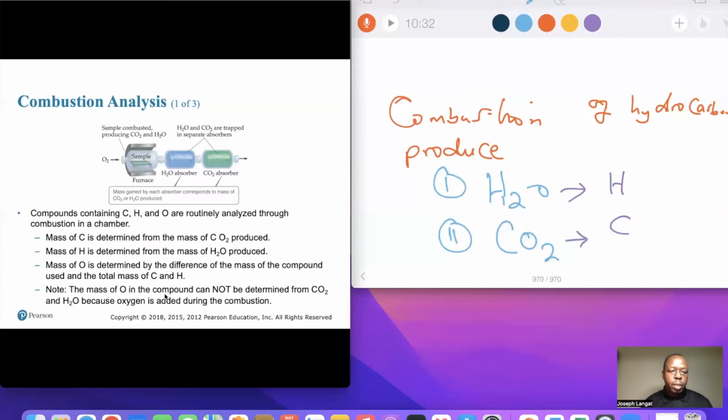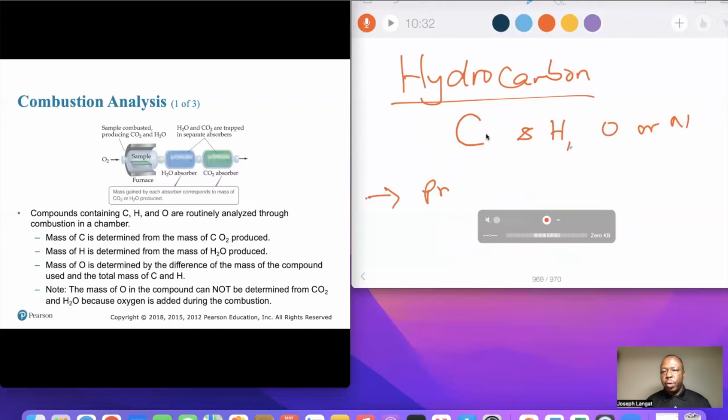The mass of oxygen in the compound cannot be determined from CO2, because oxygen is added during the combustion. So how are we going to find the mass of oxygen? We know carbon and hydrogen, and we can subtract from the mass of what?